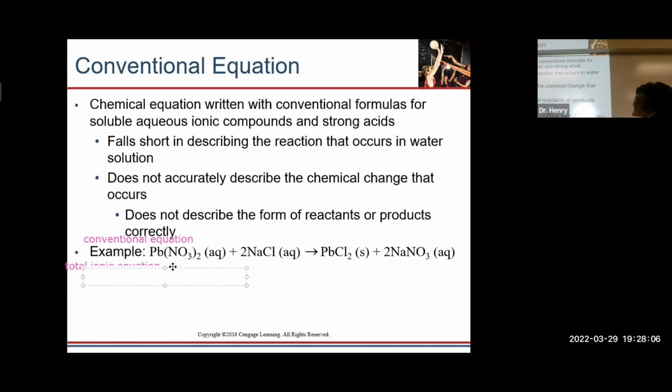So in this case, we have lead nitrate, aqueous. What's going to happen? It's going to separate. So we're going to end up with the lead ion, so it's Pb 2+ aq, and what else?